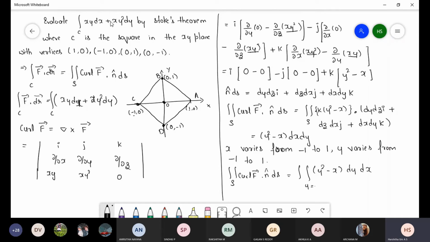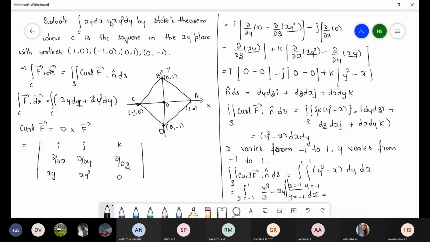So y varies from minus 1 to 1, x also varies from minus 1 to 1. So first integration, integral x is equal to minus 1 to 1 of y cube by 3 minus xy, where y varies from minus 1 to 1, into dx.